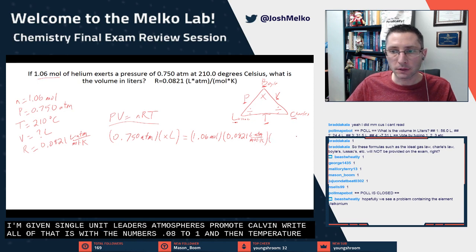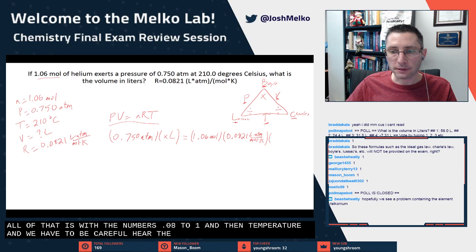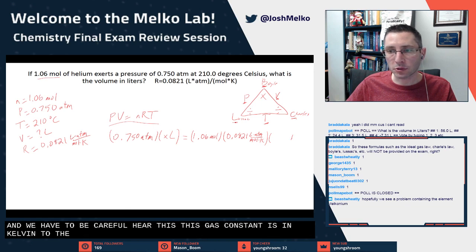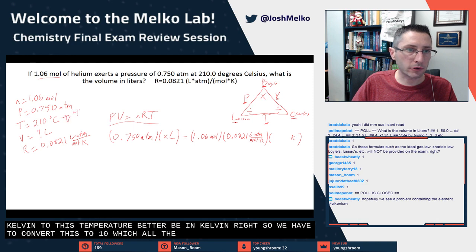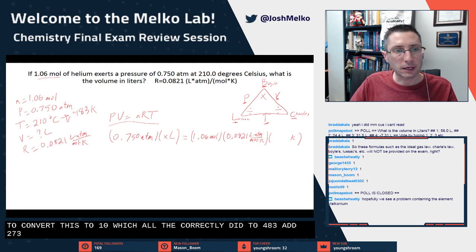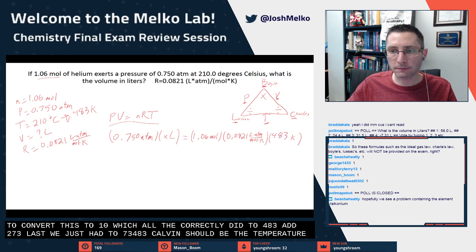And then temperature. We have to be careful here. This gas constant is in Kelvin, so this temperature better be in Kelvin. So we have to convert this 210, which all of you correctly did, to 483. Add 273. More correctly there are decimals involved, but in this class we just add 273. 483 Kelvin should be the temperature here.